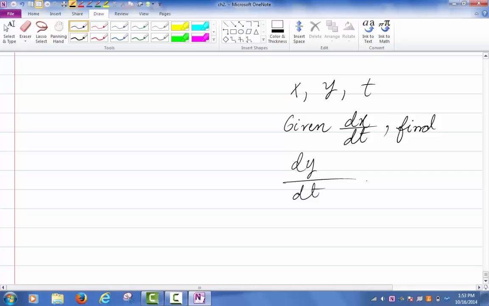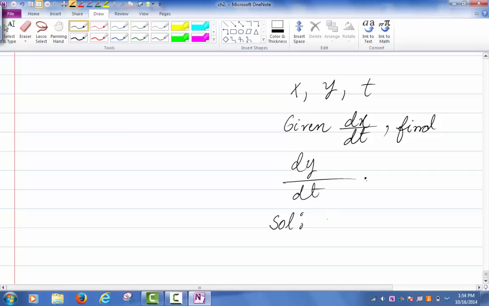Now, in a specific question, you might not label your variables by x and y. Maybe you're going to use a and b or something else, but I'm just taking x and y. And usually how would you solve them?